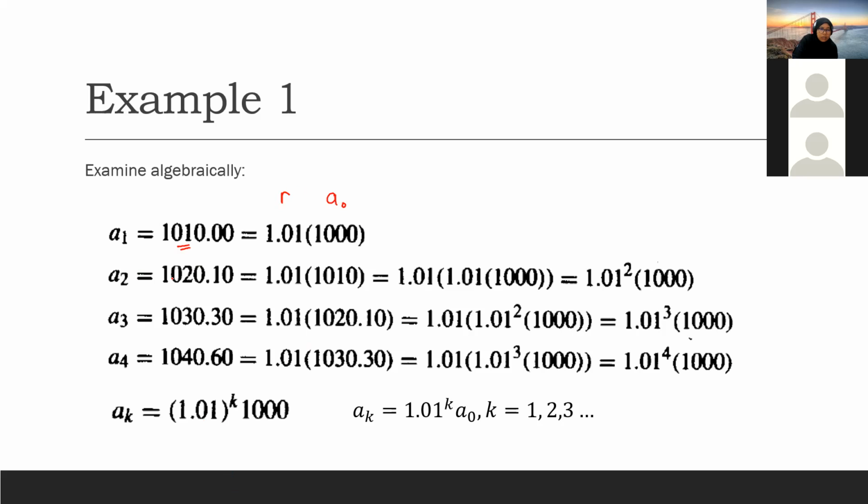Okay, and the next thing is the rate times A1, and A1 is the rate times A naught. So that's why we have R squared times A naught. Same thing, you can see that the previous A3 is R times A2. And if we go on, A2 is R squared times A naught. So R squared times R becomes R cubed times A naught, and so on.